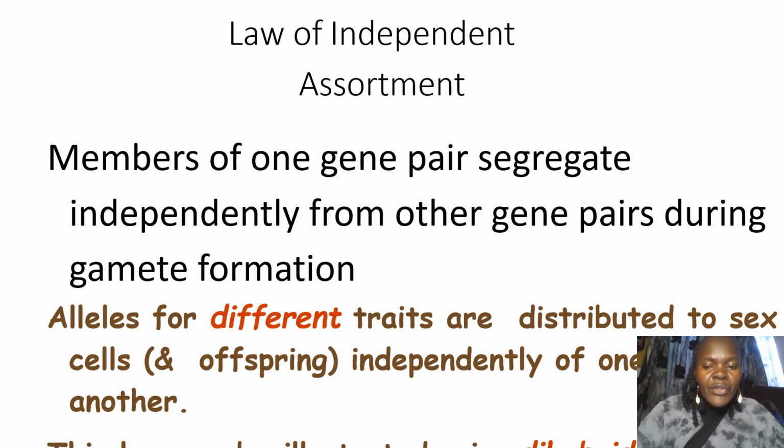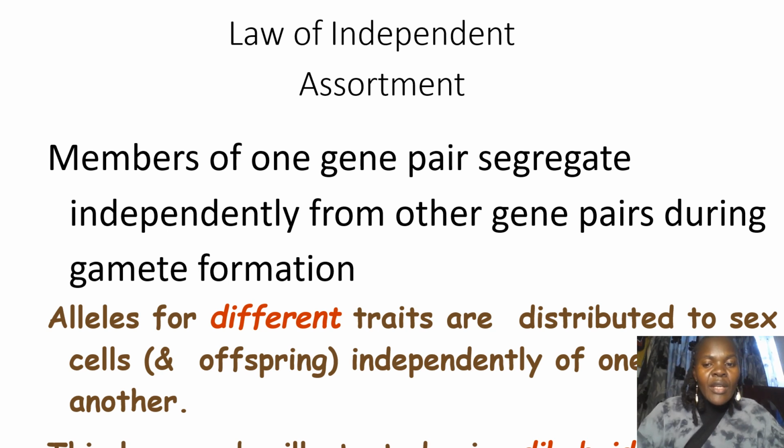Then you have another gene, possibly height. So the alleles will have capital T for tallness, small t for short.